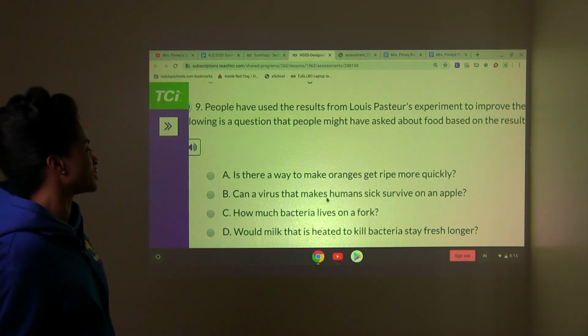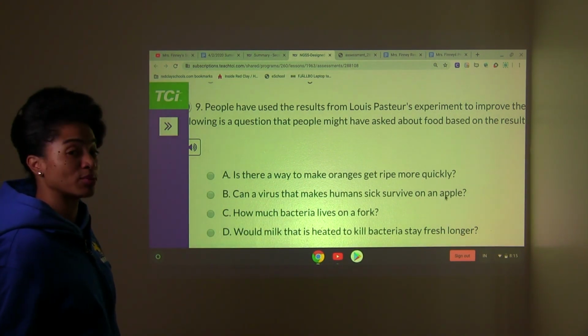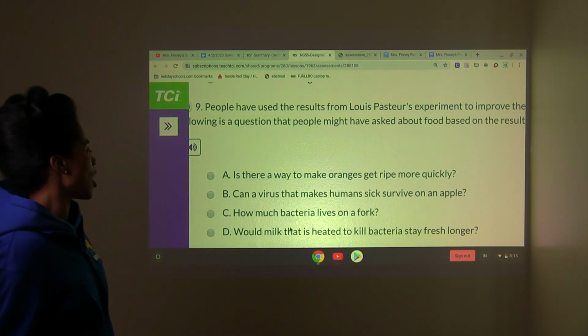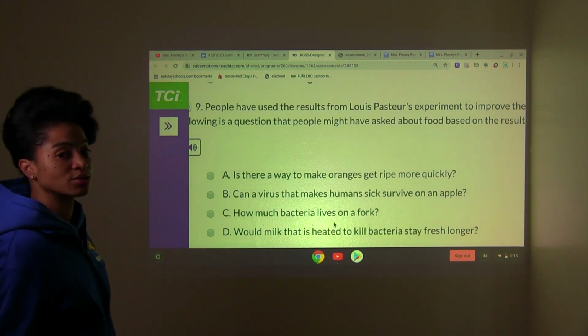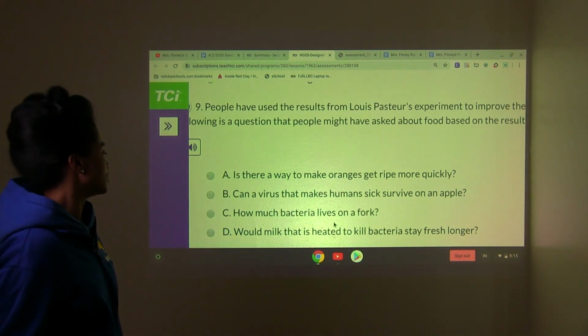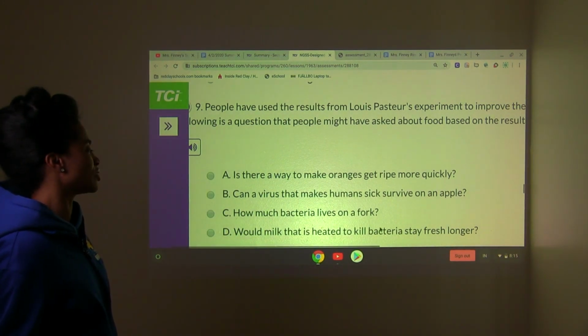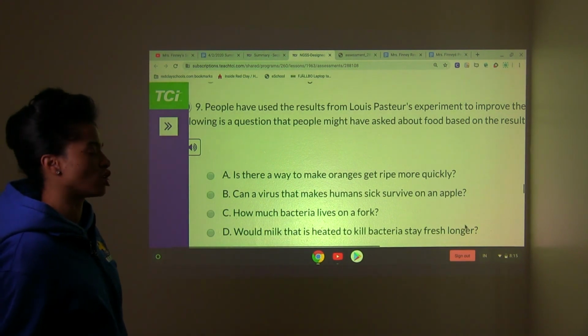B, can a virus that makes humans sick survive on an apple? C, how much bacteria lives on a fork? D, would milk that is heated to kill bacteria stay fresh longer?